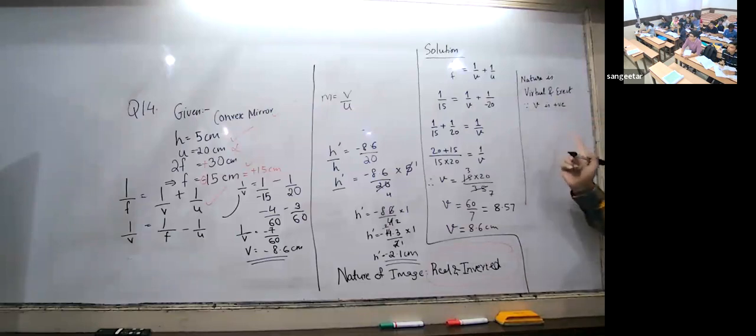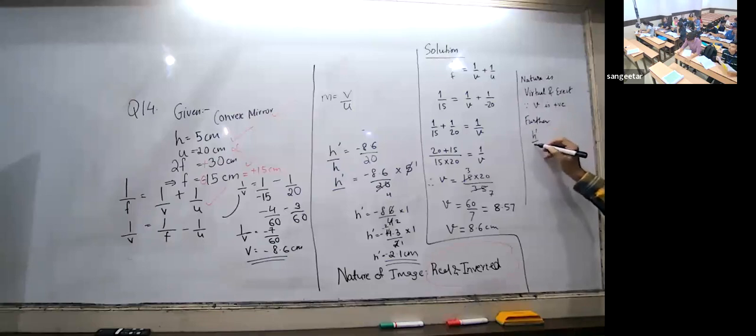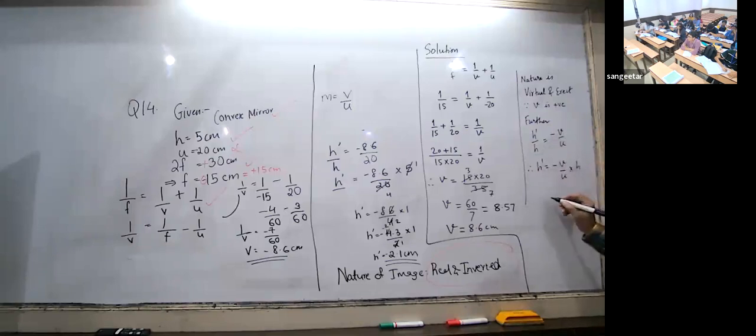Position is v. Size means h dash, right? Further, h dash upon h is equal to, for a mirror, minus v by u. So therefore, h dash is equal to minus v by u into h. So what is given? v is 60 by 7.